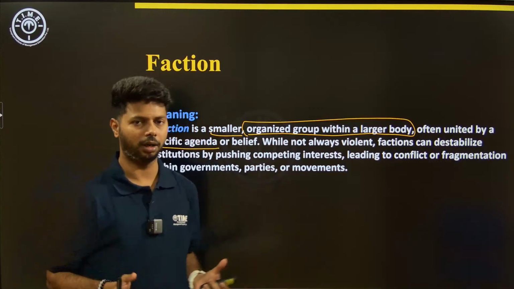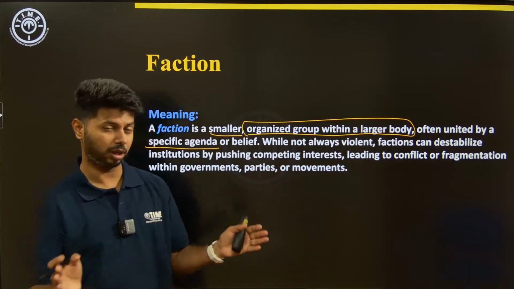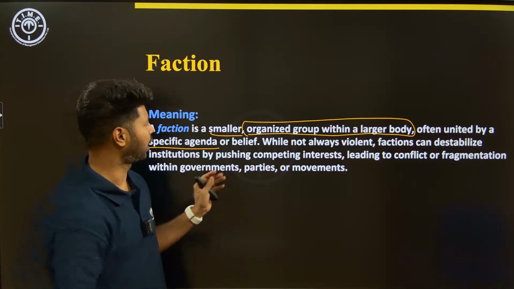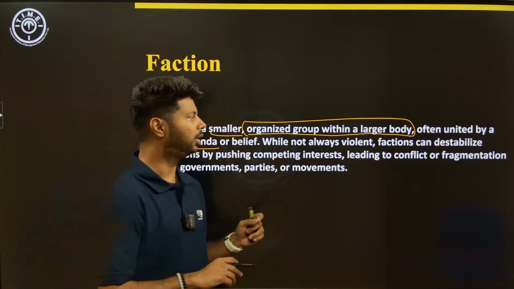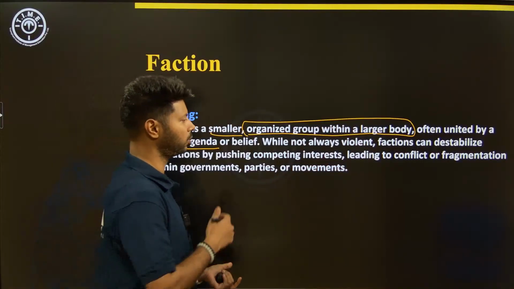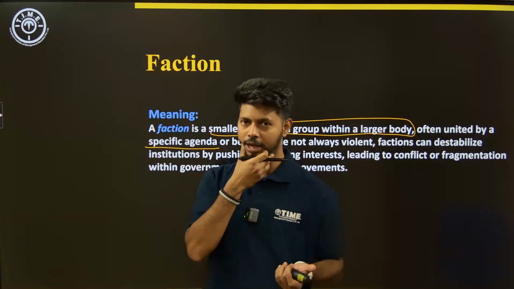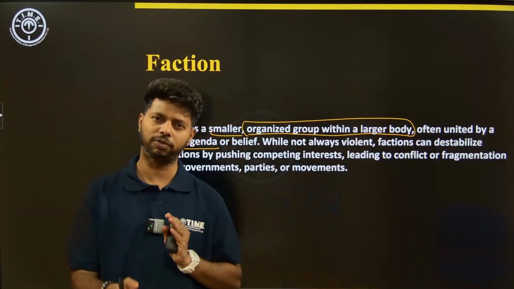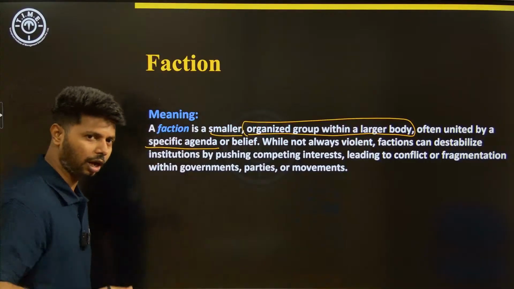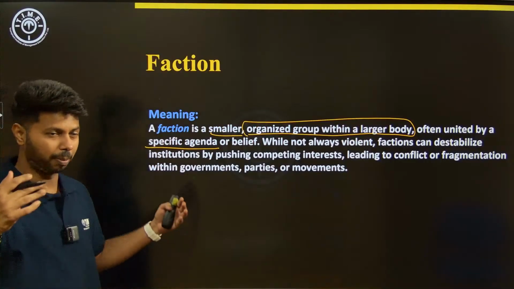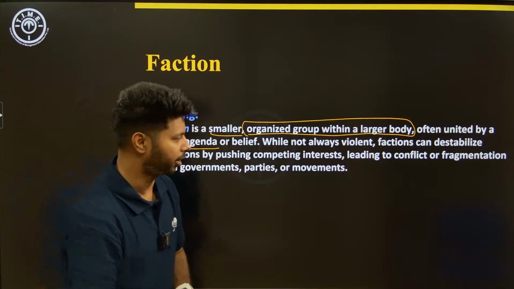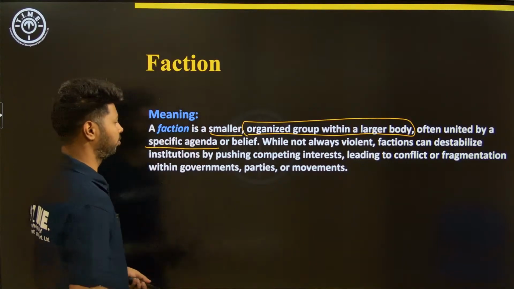So within a larger organization, if you have two groups which are fighting, there can always be cracks, and that's what this part is talking about, leading to conflict or fragmentation within governments, parties, or movements. So the word is highly limited to governments, parties, or movements, right? Within these groups, some political ideology is what brings them together, and within that, there may be individual ideologies that may be a problem.